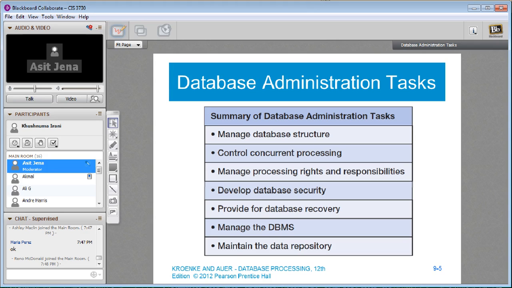Let me give a slightly different example. Suppose you are transferring money between your two accounts, your savings account and your checking account. Now you are transferring $100 from the savings to the checking account. The savings account has to be debited by $100, and the checking account has to be credited by $100.